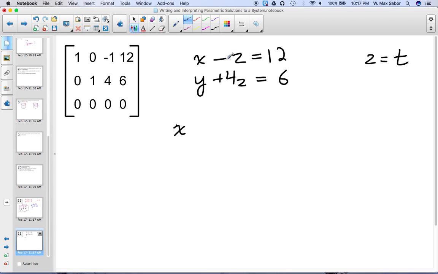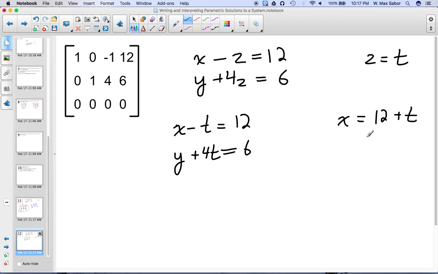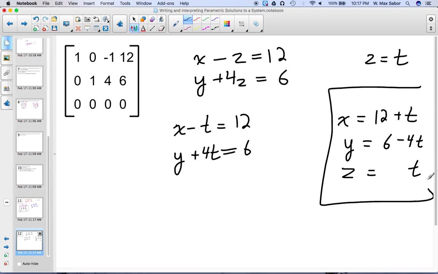So we'll have x minus t equals 12, and y plus 4t equals 6. When I add t to both sides, I get x equals 12 plus t. I get y equals 6 minus 4t, and we already had z equals t. So here is the parametric solution to this system.